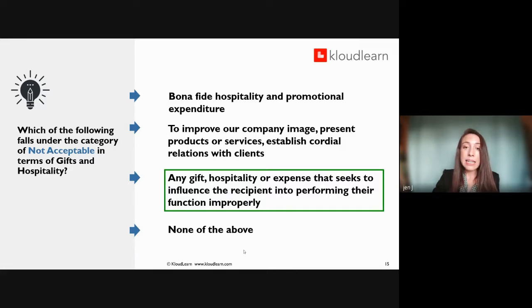C, any gift, hospitality, or expense that seeks to influence the recipient into performing their function improperly. Or D, none of the above. C, right? The key part of this answer is seeking to influence the recipient into performing their function improperly. It's not just to improve image, it's to seek a specific outcome that's improper.